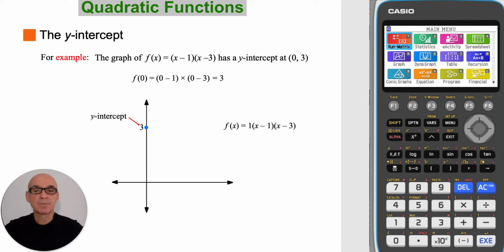In the example shown, the graph of the function given has a y-intercept at (0, 3). This is because f(0) is equal to 3, and also because c is equal to a times m times n, which is also equal to 3.